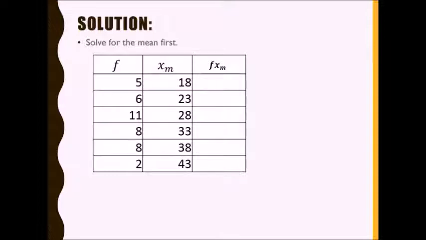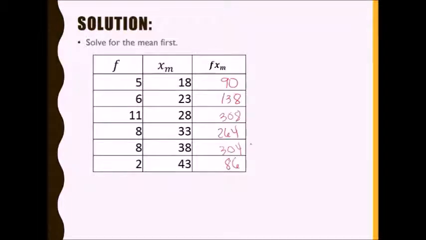5 times 18, this is 90. Let's complete the table. This is 138. 11 times 28 is 308. Then 8 times 33 is 264. Then 8 times 38 is 304. And 2 times 43 is 86.